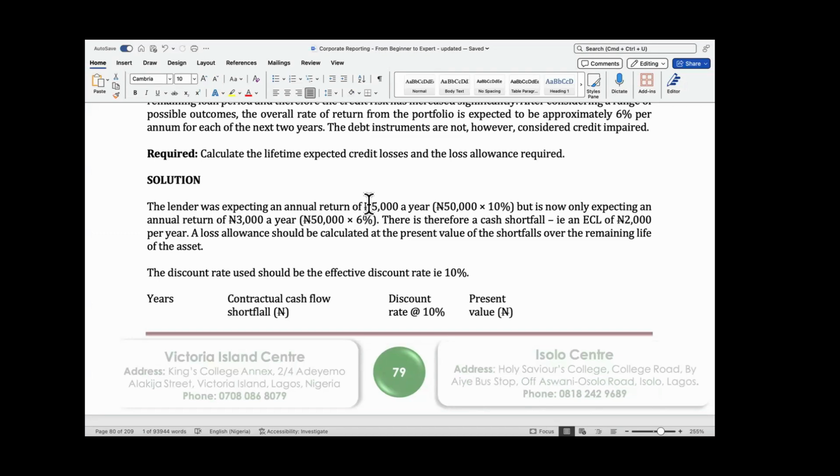If we are getting the full amount now, there's no cash shortfall now. So there's no impairment loss for now. Until when there is cash shortfall, then we will start recognizing that impairment loss on a yearly basis.